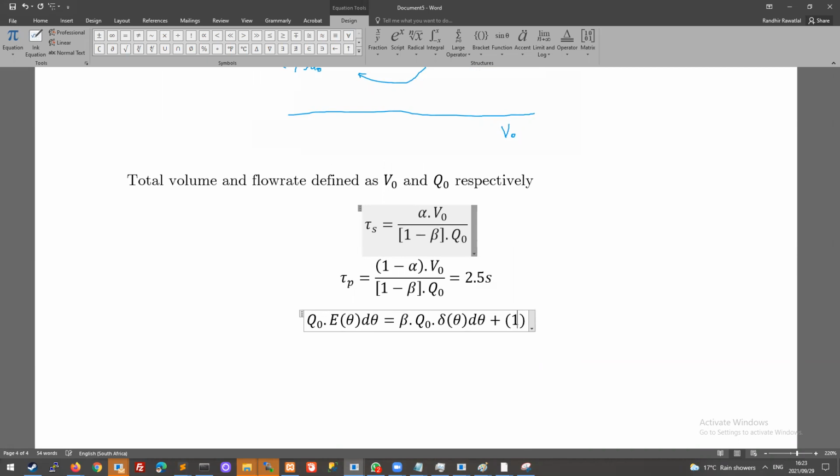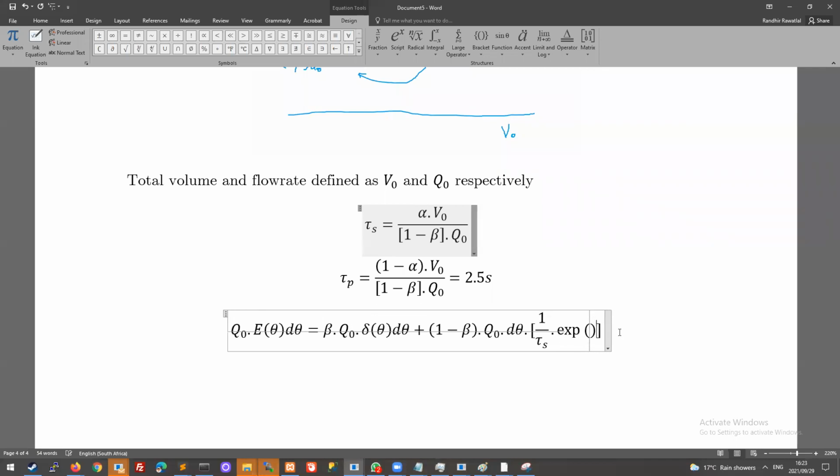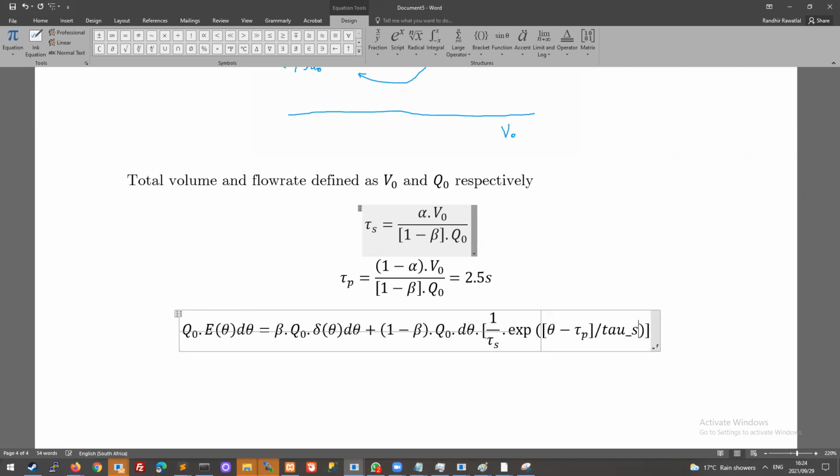It's basically 1 minus beta times Q naught d theta times 1 over tau s e to the minus theta minus tau p, divided by tau s.